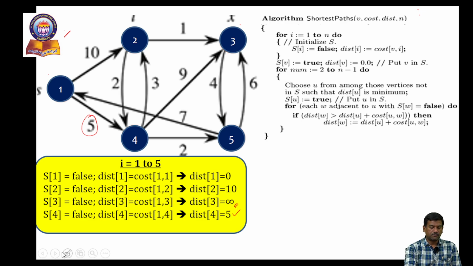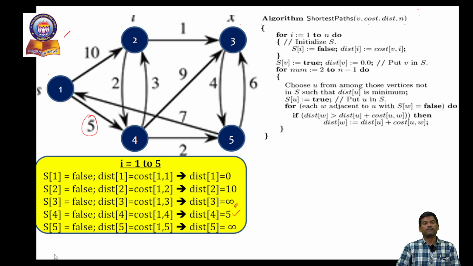And similarly, the next value of I, that is s of 5. According to this algorithm, s of I equal to false. Distance of I, that is 5. Distance of 5 is equal to cost of 1 comma 5. And for cost of 1 comma 5, there is no direct edge connected from 1 to 5.